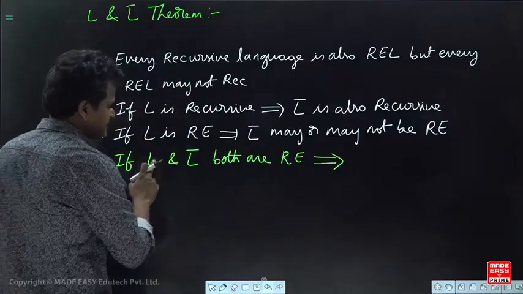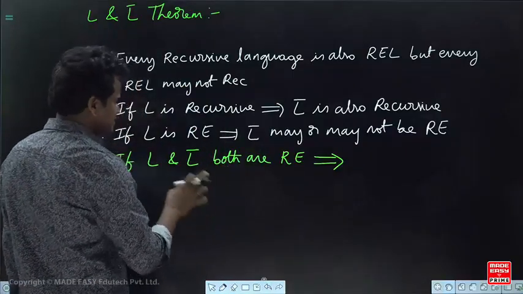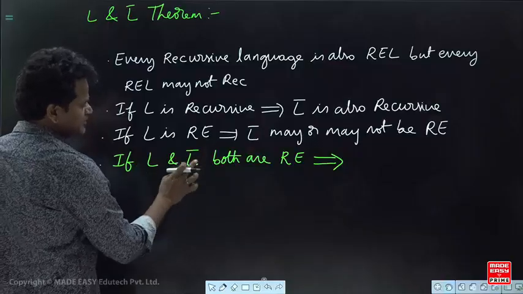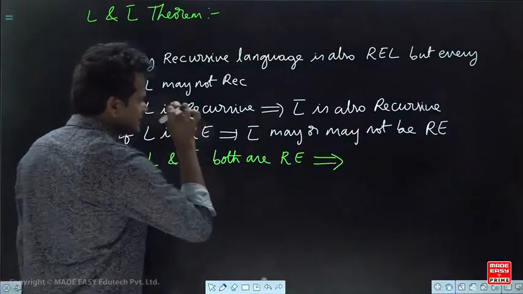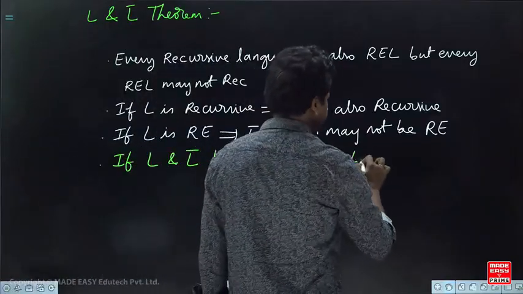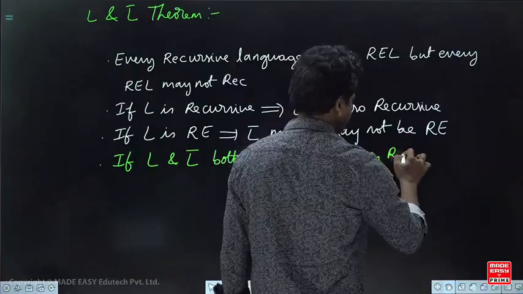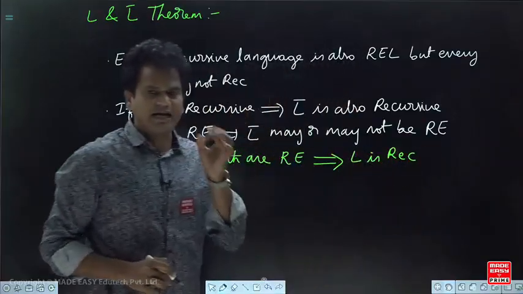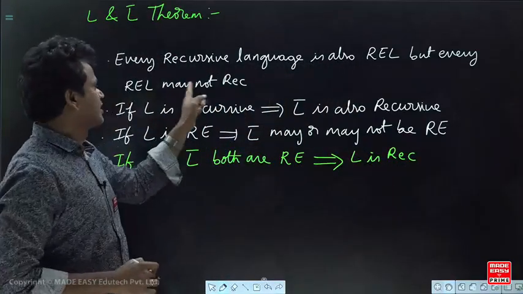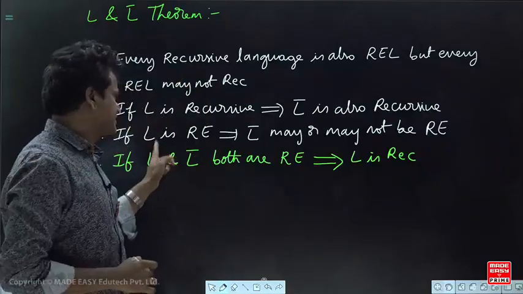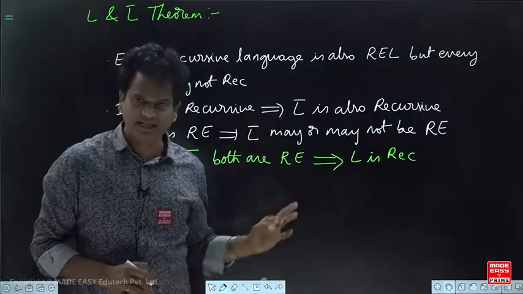If a language is RE, its complement may or may not be RE. Suppose a language L and its complement both are RE, then L is 100% REC. Are you following? If a language is RE, it may not be REC. If a language is RE, its complement may not be RE.